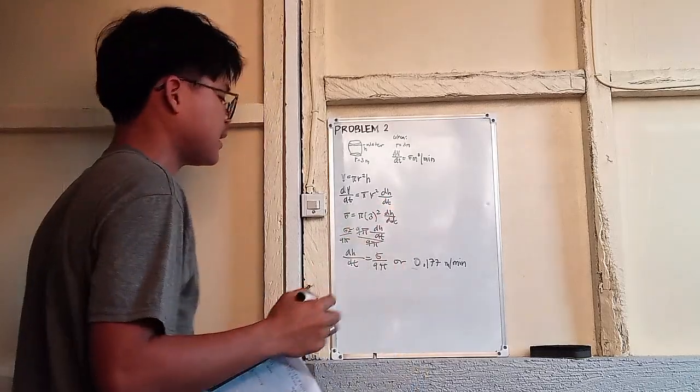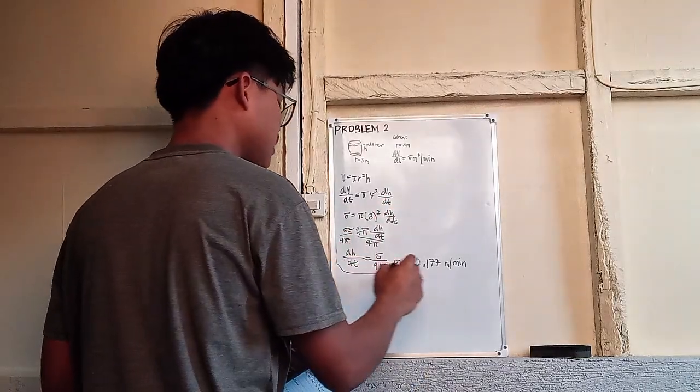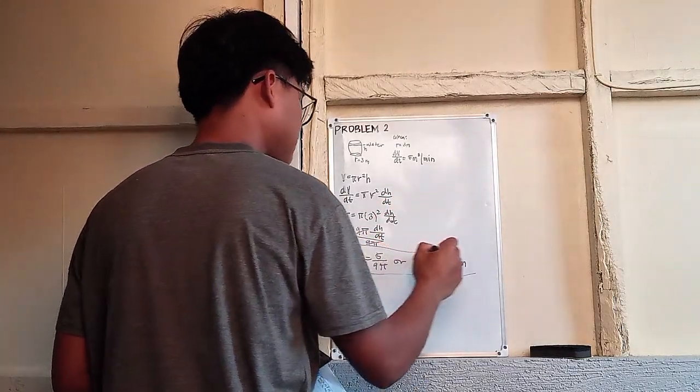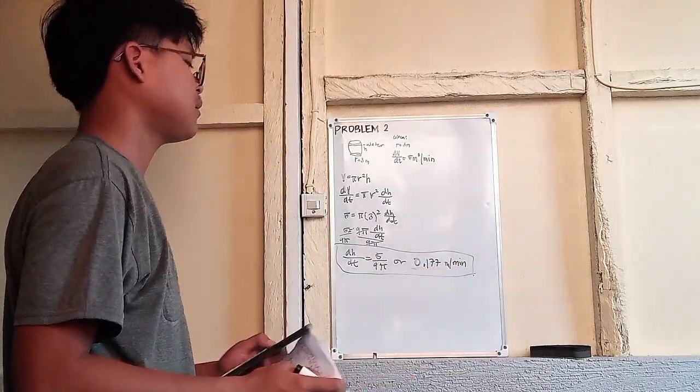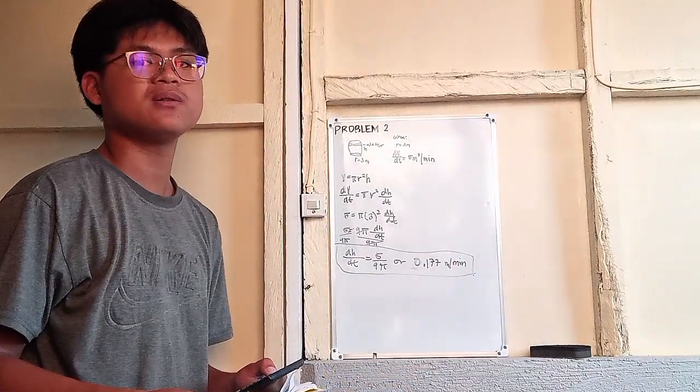So we have the final answer: dh over dt is equal to 5 over 9 pi, or 0.177 meter per minute.